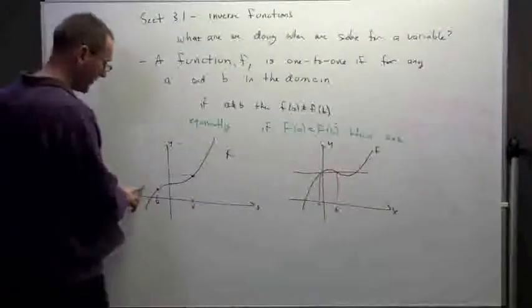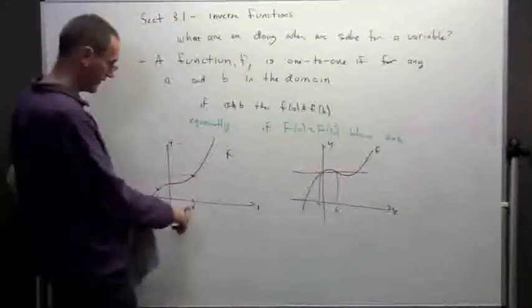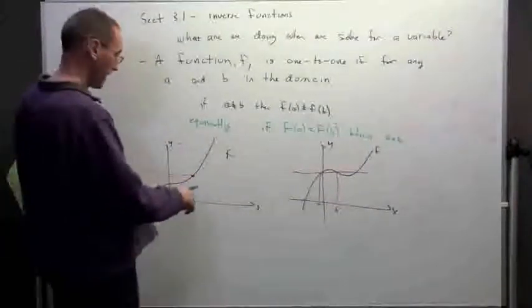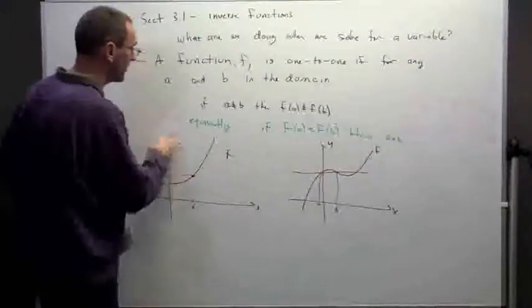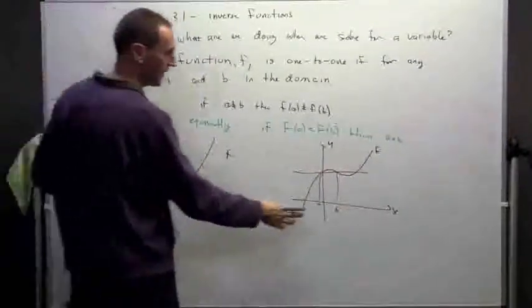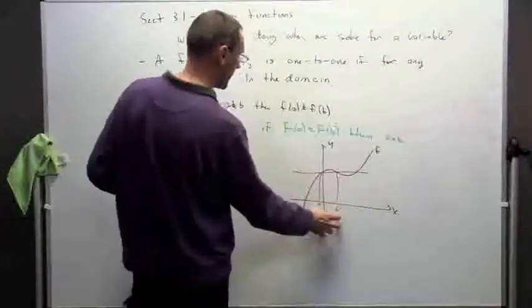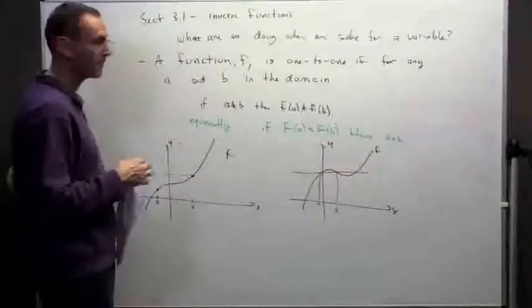Okay? So in this case, there's no values of a and b that I can find where f of a is equal to f of b. Also, if I find the height of this function, there's no other place where that matches. So both of these things are true. Here, right, it's possible for me to find values of a and b where f of a equals f of b, but a is not equal to b.